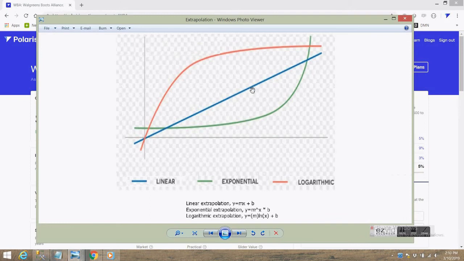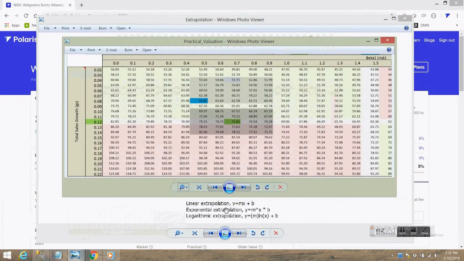And any extreme divergence of the theoretical price from the current price results in a practical valuation that is closer to the price, because as discussed in the practical valuation video, the market only has so much tolerance for change at any given time, and therefore extreme weighting of an extrapolated sales that's possibly quite different than the implied sales growth from the current price really is not going to change the practical valuation much. And this is a quick reminder of that. Here we're looking at what's shown in the practical valuation video.